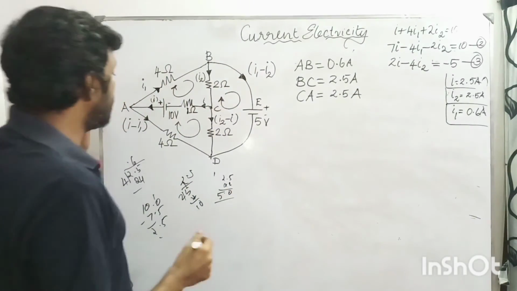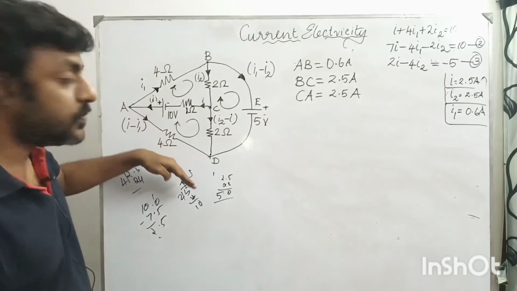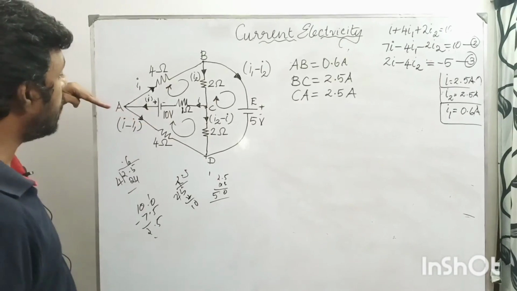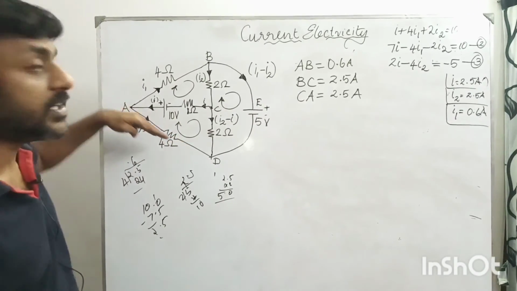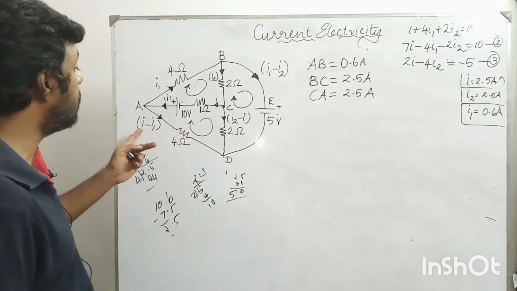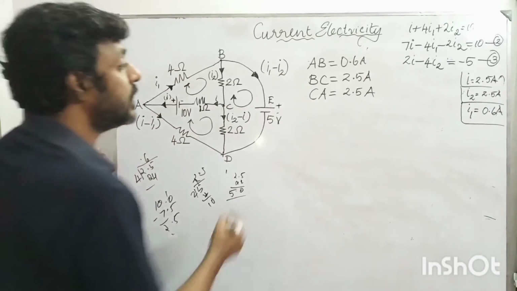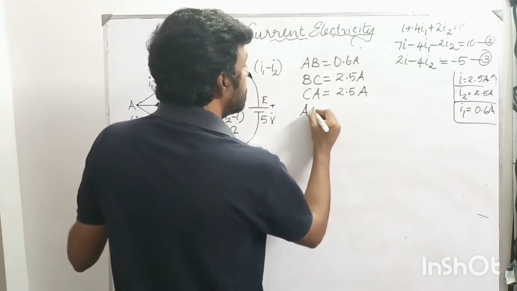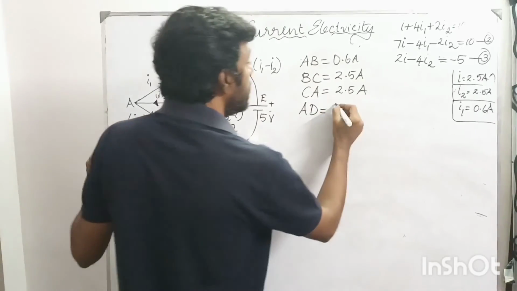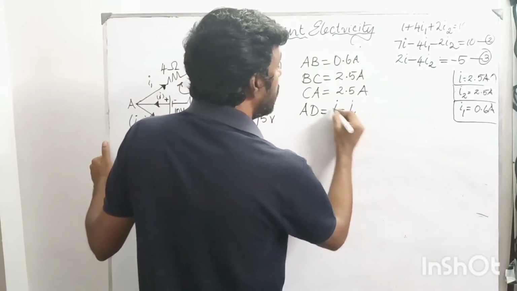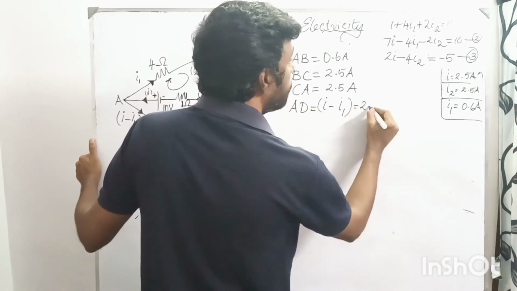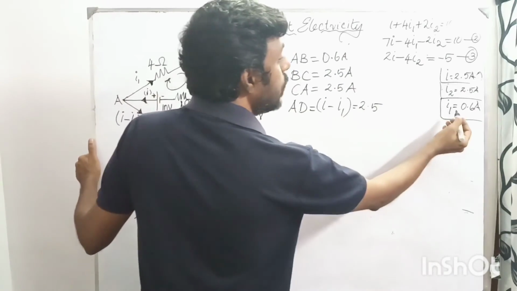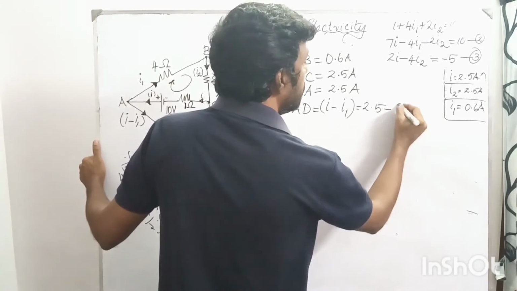Right? So now we need to analyze this branch AD. We need to find the branch current AD. And what is the value of the current? The value of the current flowing through the branch AD is nothing but I minus I1. So what is I minus I1? I, we know it is 2.5, and I1 value is 0.6.